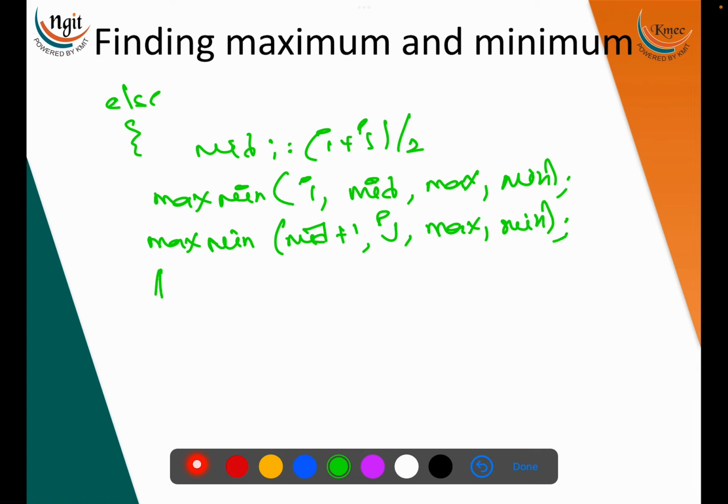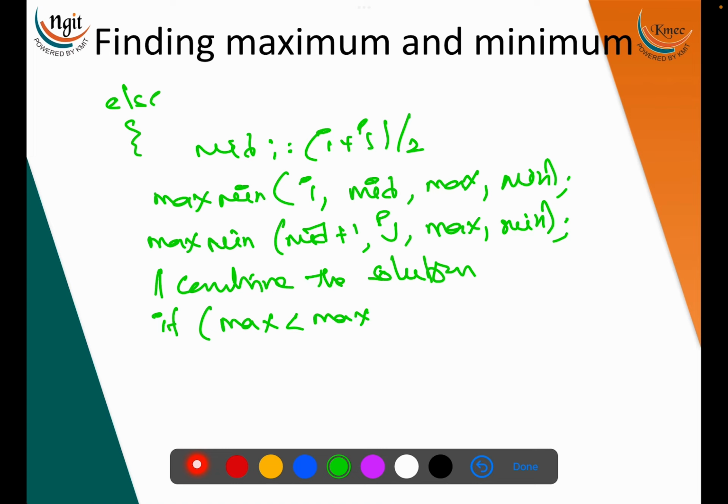Now how to combine the solution? If in one list I am finding the maximum, and in the other list I am finding maximum 1, I compare them. If max is less than max 1, then max is equal to max 1.